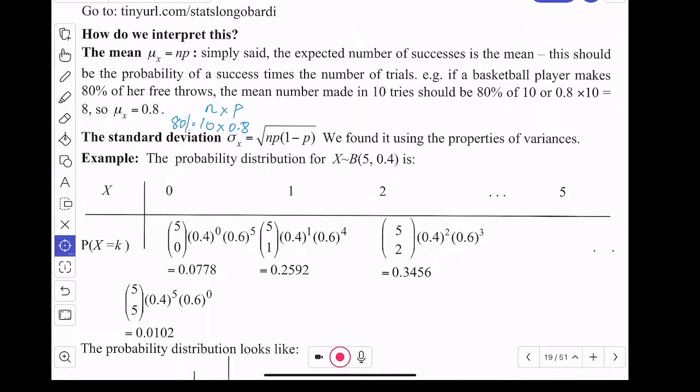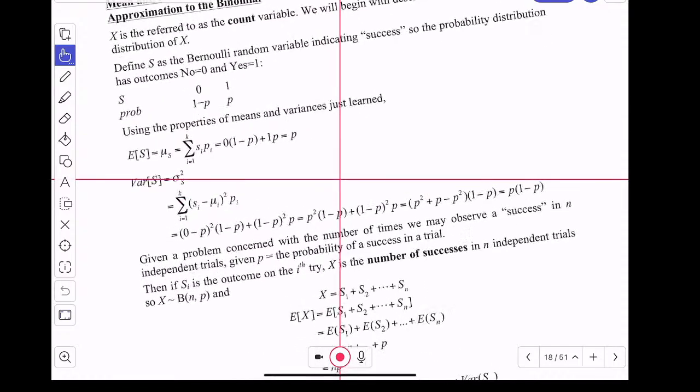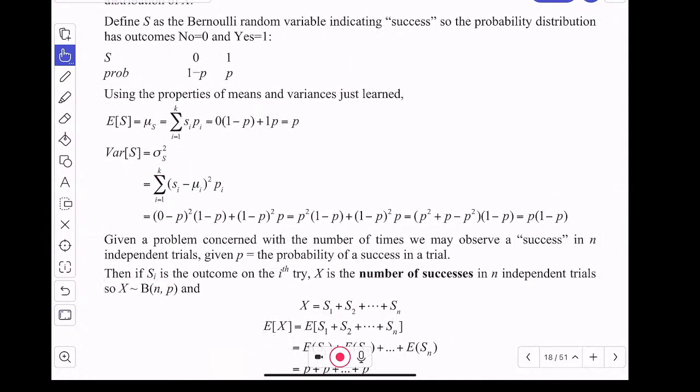Now this is understanding, this is logical, but you can actually solve for that theoretically, and I describe it here how I would get that. This is a matter of applying the rules of means and variances to this concept of taking each independent trial in turn, and adding the outcomes.